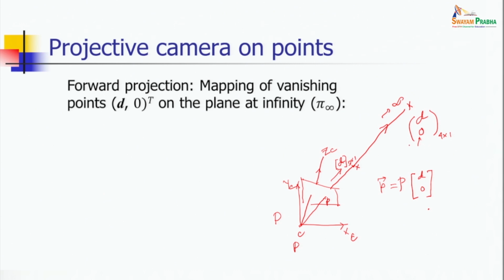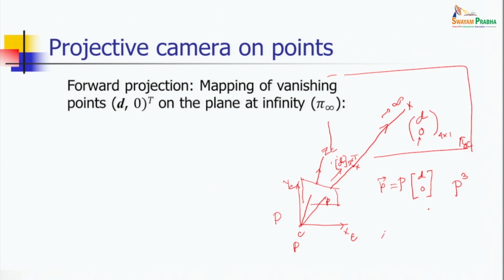The point at infinity is also called a vanishing point, or an ideal point, in a three-dimensional projective space, and the plane at infinity is the same concept as the line at infinity extended to a three-dimensional projective space. If this is a three-dimensional projective space, then the plane at infinity, which I will denote by pi infinity, is the extension.